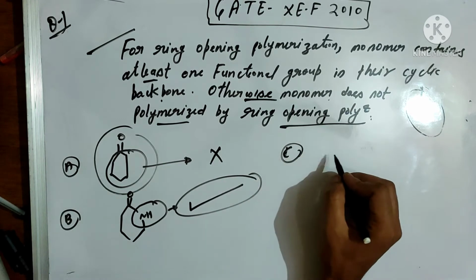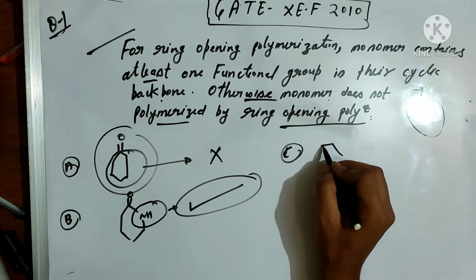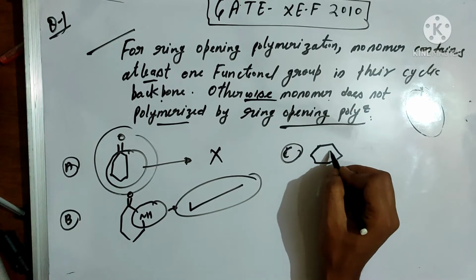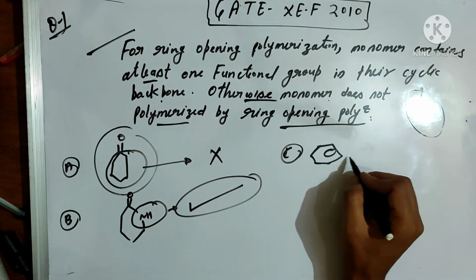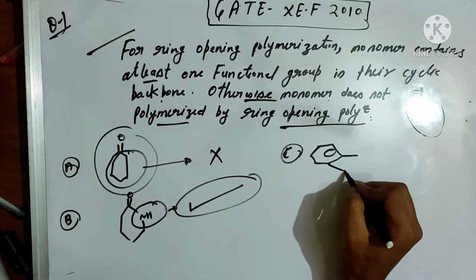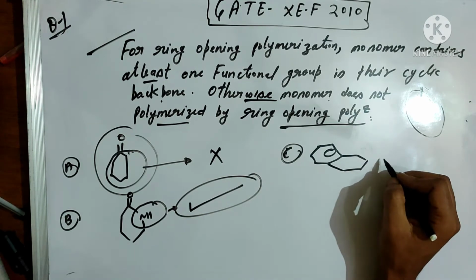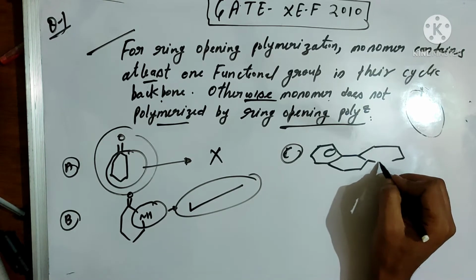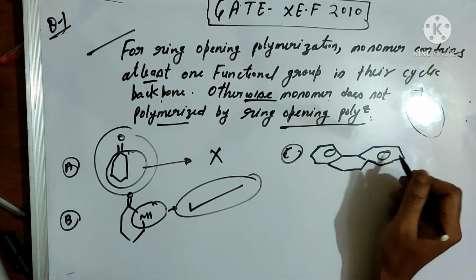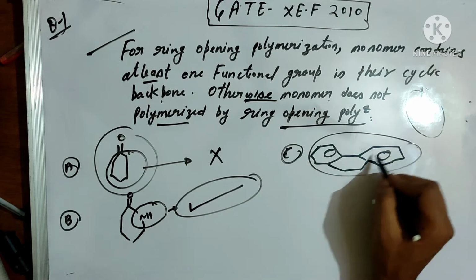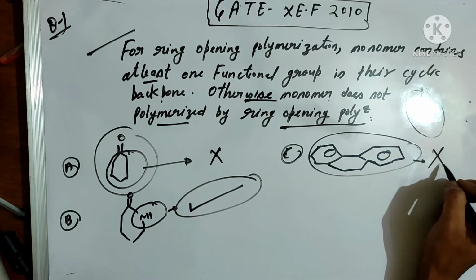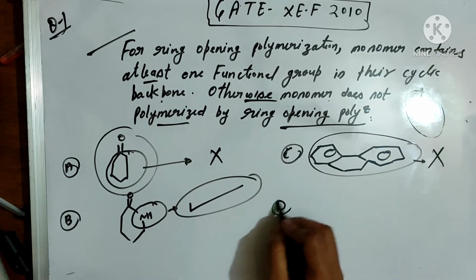Option C, given that, you can see there is no functional group in its cyclic backbone, so it will not be polymerized by ring opening polymerization.